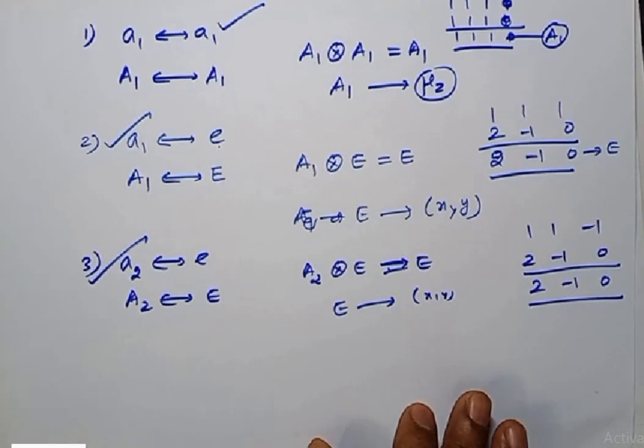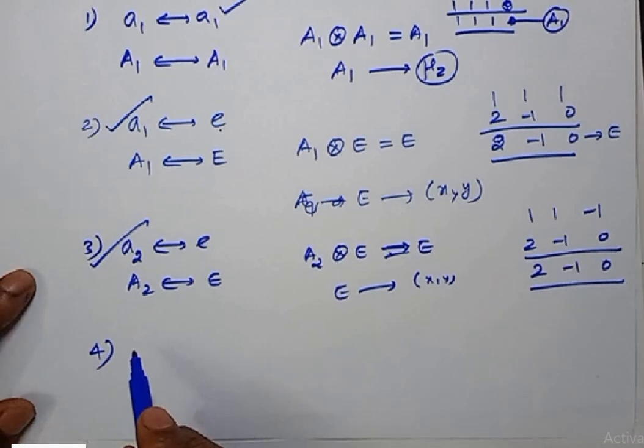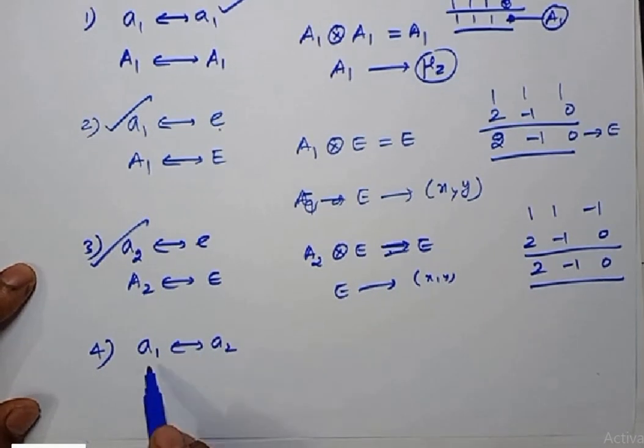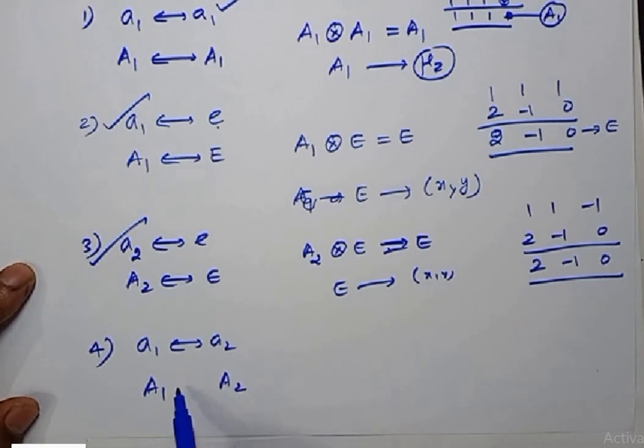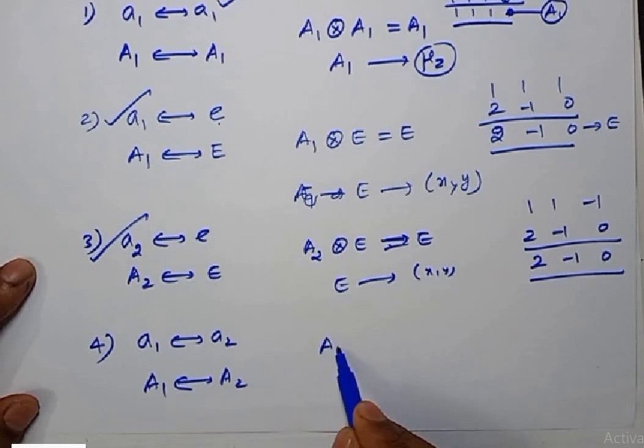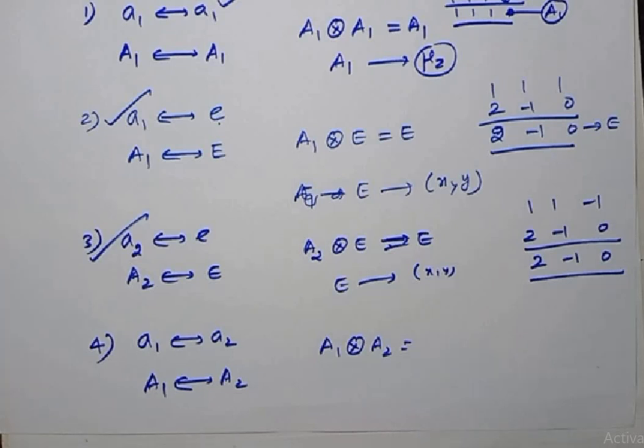Okay, take down. We need to check the last option, that is A1 to A2, whether it is allowed or not. A1 means you take the capital A1. For A2, you take capital A2, and we need to check whether this is allowed or not. So, you take the direct product of A1 into A2. Yes, anyone tell me what is the direct product of A1 and A2 here?